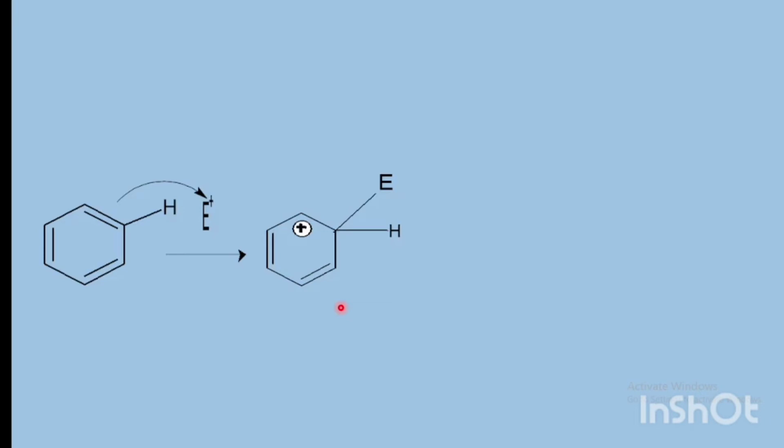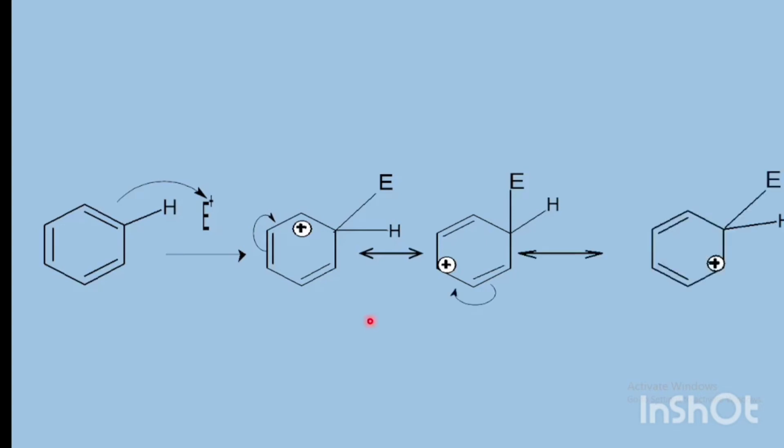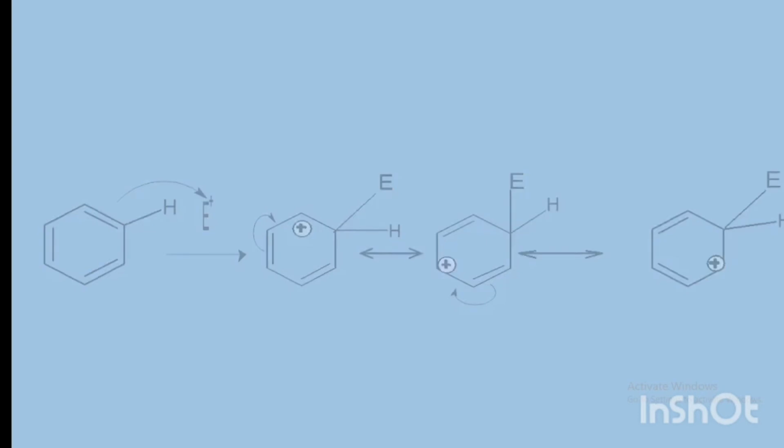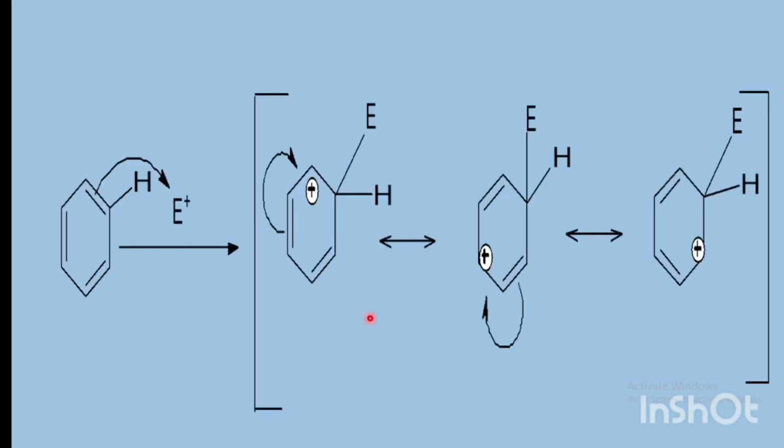Delocalization of electrons can take place, and so you can see how the pi electrons are moving to form that particular structure. That structure which is also formed also has resonance, and so the electrons can also move in that manner to form that particular structure. It is of paramount importance to know that this particular step involves resonance stabilization. The carbocation which is formed is resonance stabilized.